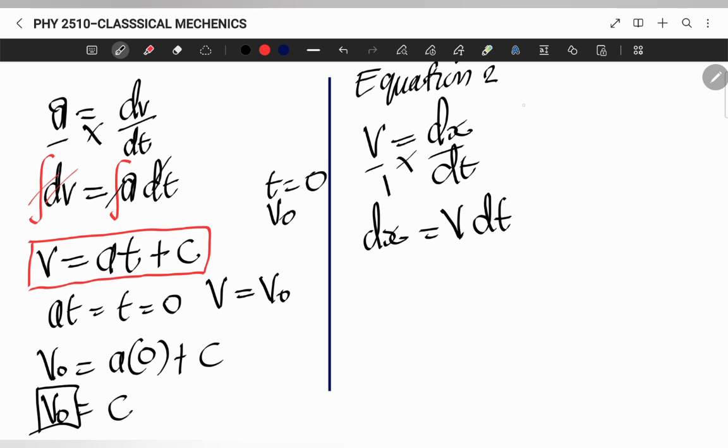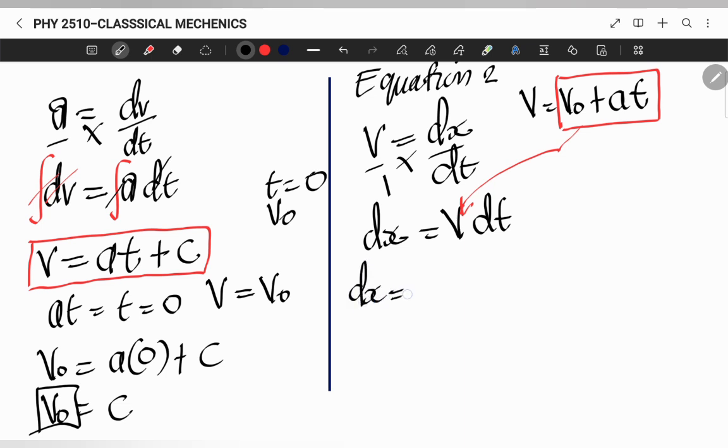The first equation, we said, is v is equal to v naught plus at. Where there is v, velocity, we are going to replace it with that expression. So dx is equal to (v naught plus at) dt.